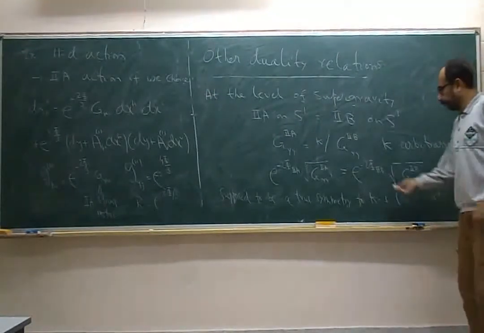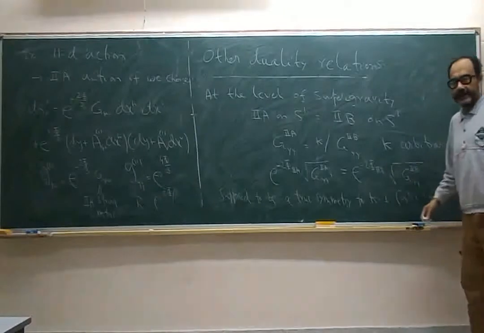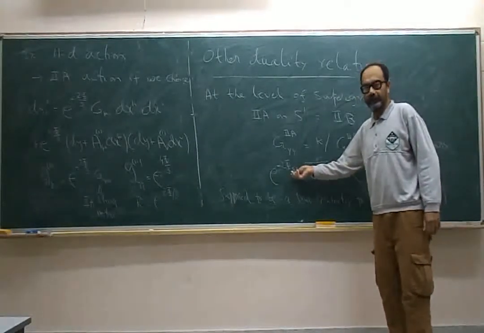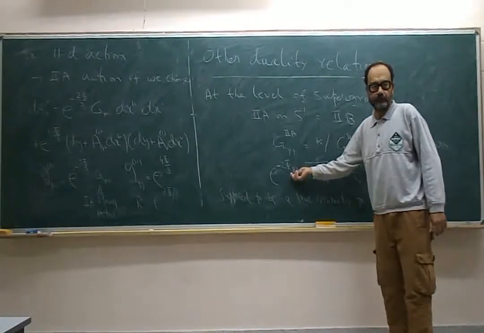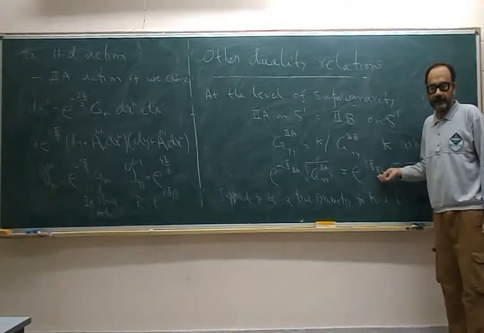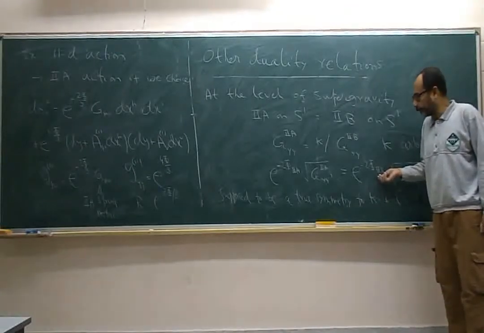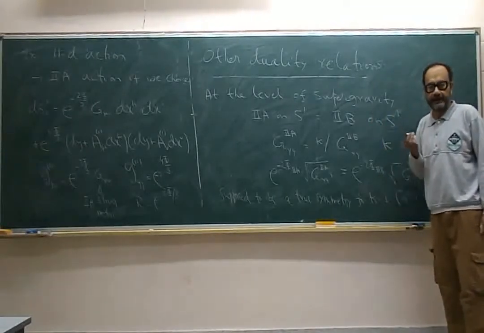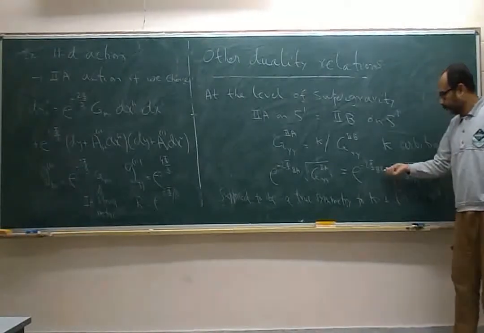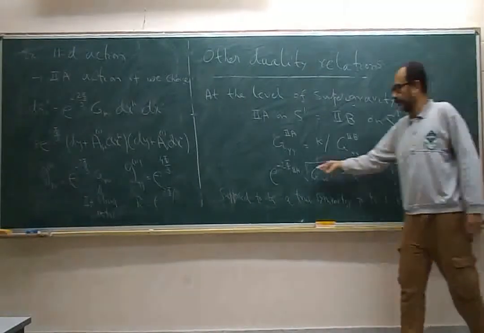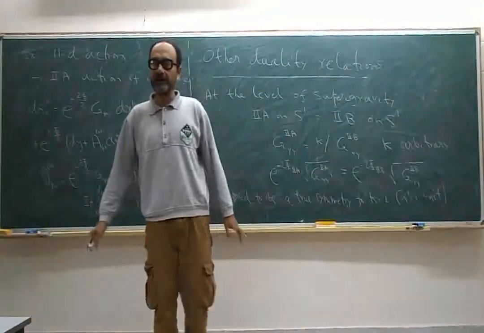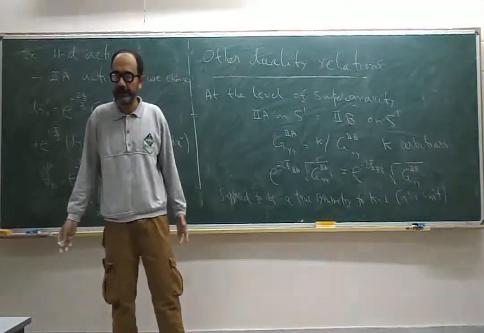Okay, so the second strange thing is that in the weak coupling limit of this theory, you also reach the weak coupling limit of this theory. Because weak coupling limit corresponds to phi goes to minus infinity, because G is e to the phi. So as you take phi 2B to minus infinity, phi 2A also goes to minus infinity. So here you cannot say that this is a strong coupling phenomenon. This is happening at weak coupling.